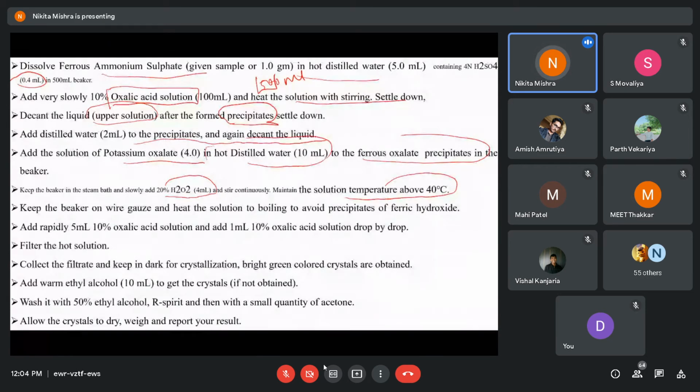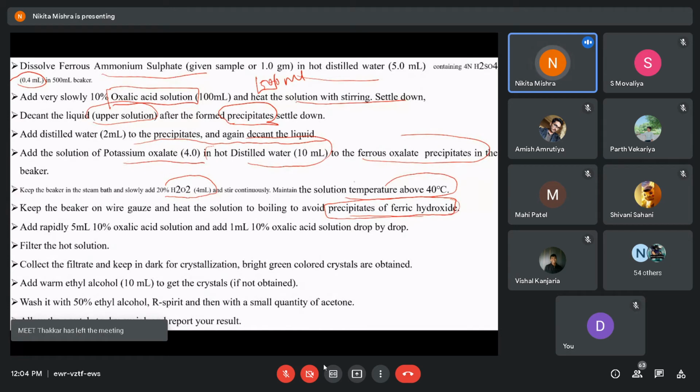Maintain the solution temperature at 40 degrees. Then keep the beaker on the wire gauze and heat the solution to boiling to avoid the precipitate of ferric oxide. The precipitate of ferric oxide should not be obtained, so we need to maintain the temperature of the solution. That's why we are adding H2O2.